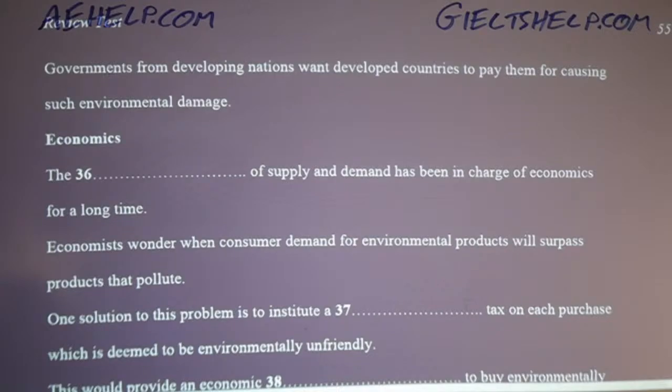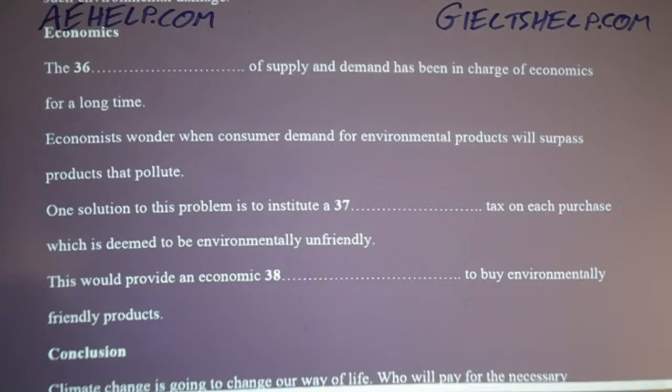Business has always been about production and consumption. The invisible hand of supply and demand has long run our economic system, and now there is an ever-growing demand for conservation. The question is, when will consumer demand be commensurate with green technological advances that allow for environmentally friendly products to actually be more profitable than those that pollute?